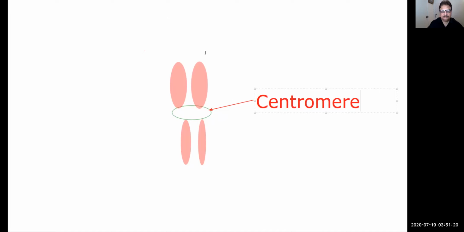And what you see like ears of a bunny or rabbit, these are called chromatids.